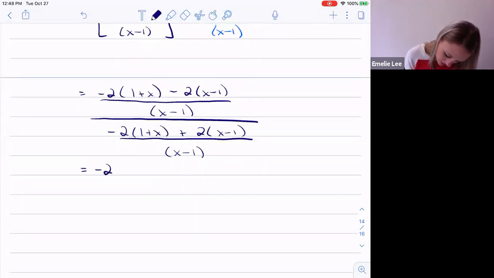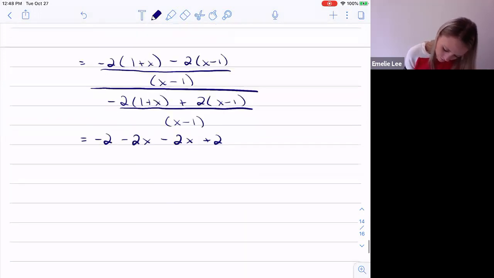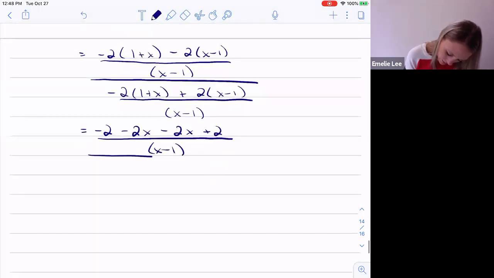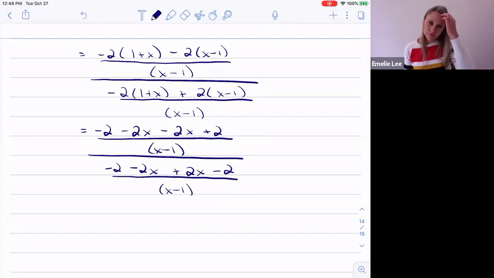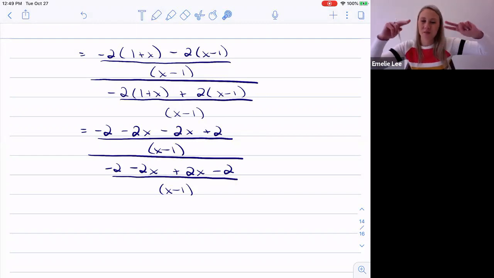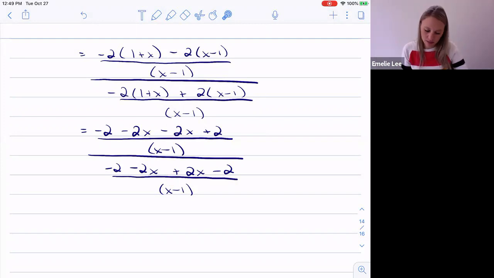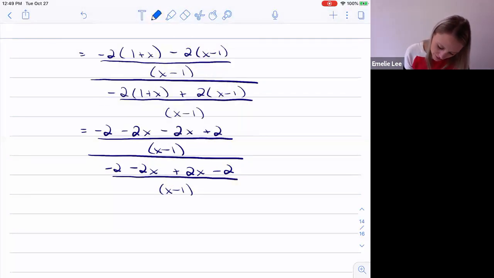So you get negative 2 minus 2x minus 2x plus 2, over x minus 1, divided by negative 2 minus 2x plus 2x minus 2, over x minus 1. Foreshadowing, right? A fraction over a fraction, it looks like that x minus 1 is going to cancel out, but I'm going to hold it there for a little bit longer.